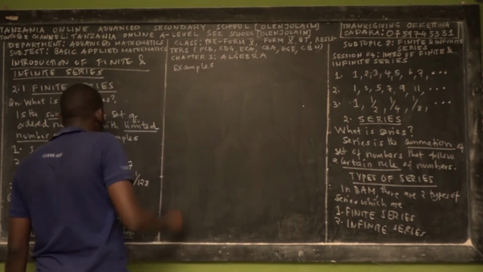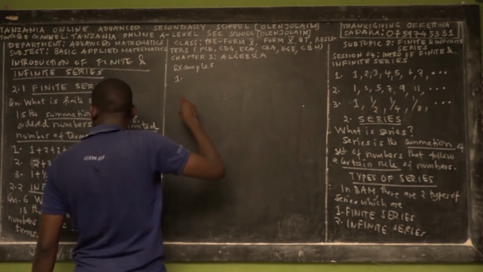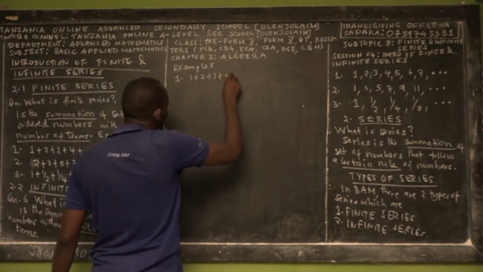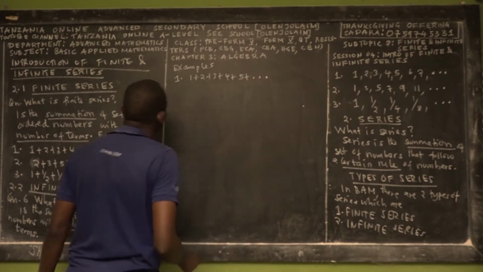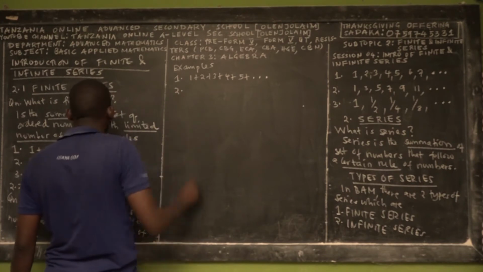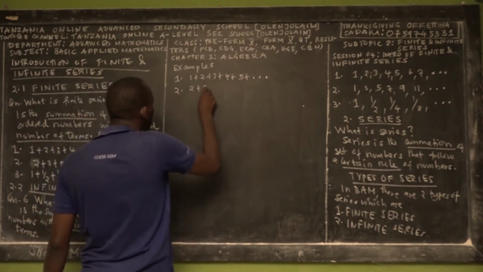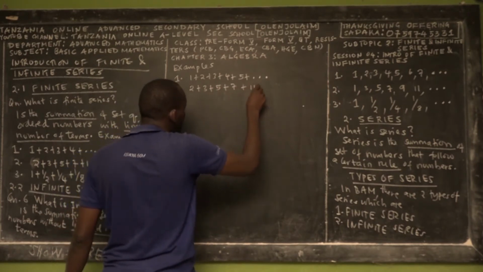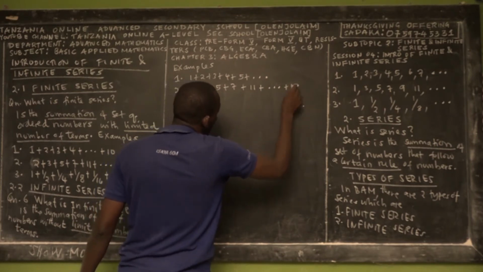So, examples of infinite series. You can make these three examples of infinite series. How? 1 plus 2 plus 3 plus 4 plus 5 plus and so on. Second example, we can also have 2 plus 3 plus 5 plus 7 plus 11 plus and so on, to infinity.